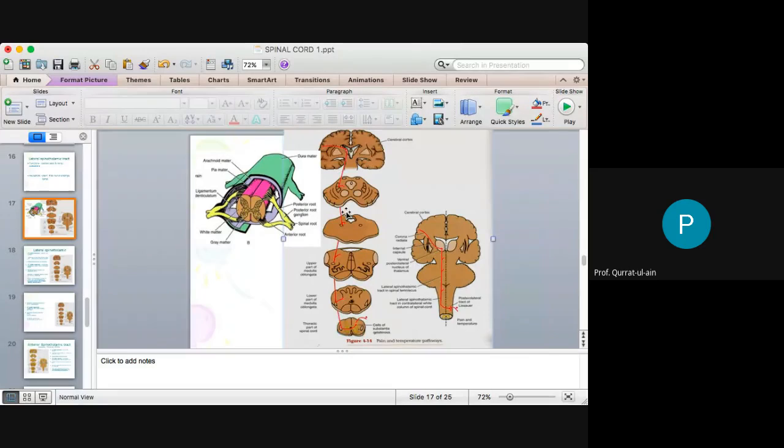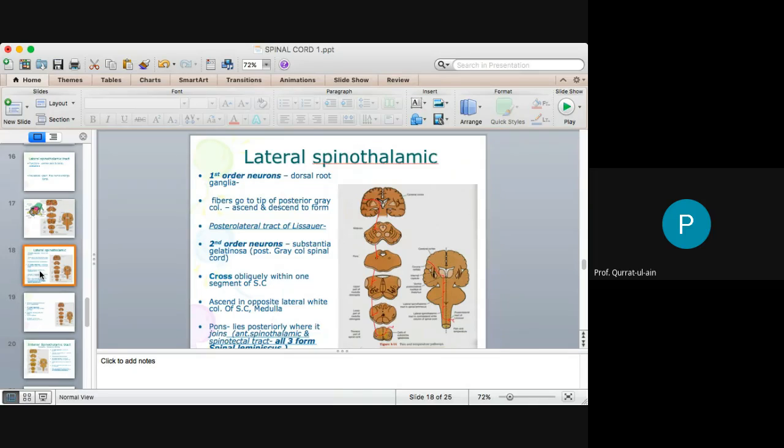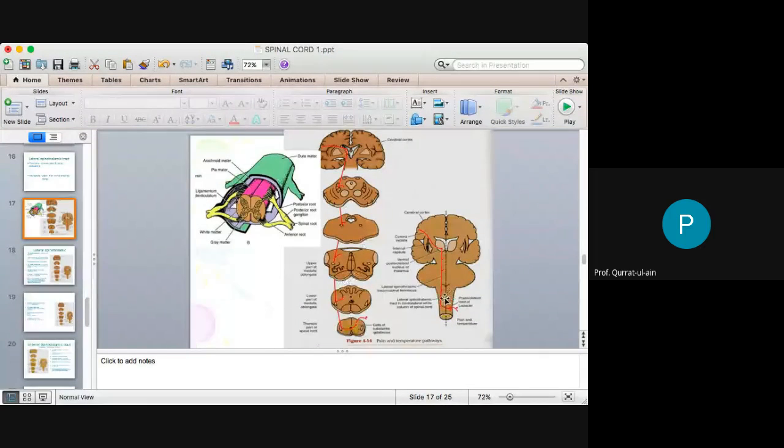The brainstem is shown in sections: the spinal cord section, then the medulla, the upper part and the lower part, which differ, and then the pons, the midbrain, and the cerebrum. So this is how the lateral spinothalamic tract and the anterior spinothalamic tract ascend.